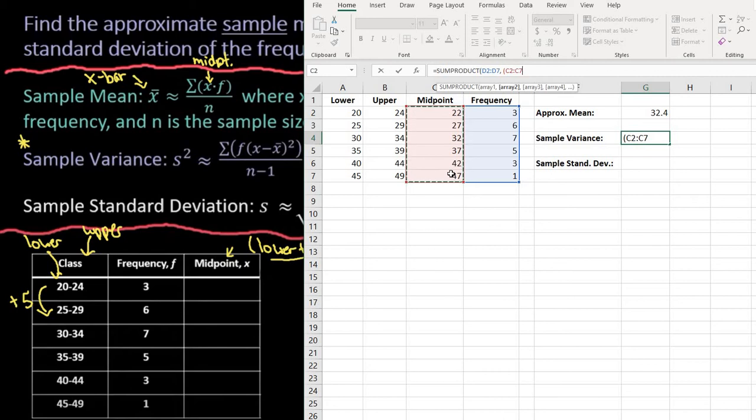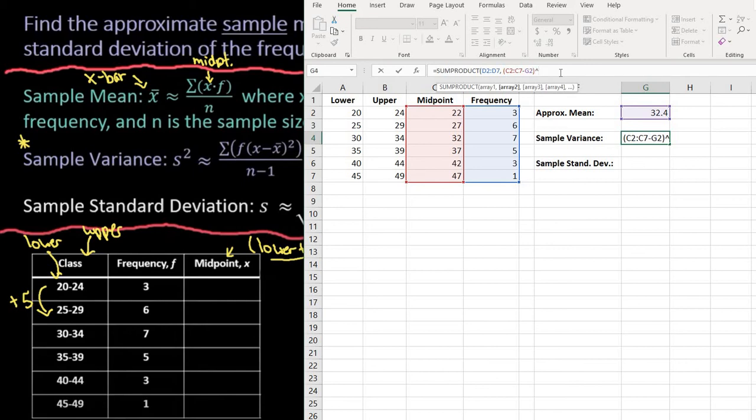Okay, and I want to subtract those all by the same value. I want to subtract the mean from all of those values. So what I can do is I can come up here and I can select the mean. Okay, so I just did all of my x values, the midpoint, minus the mean, and then I need to square that. So in order to square it, you use the caret key, which is above the 6.